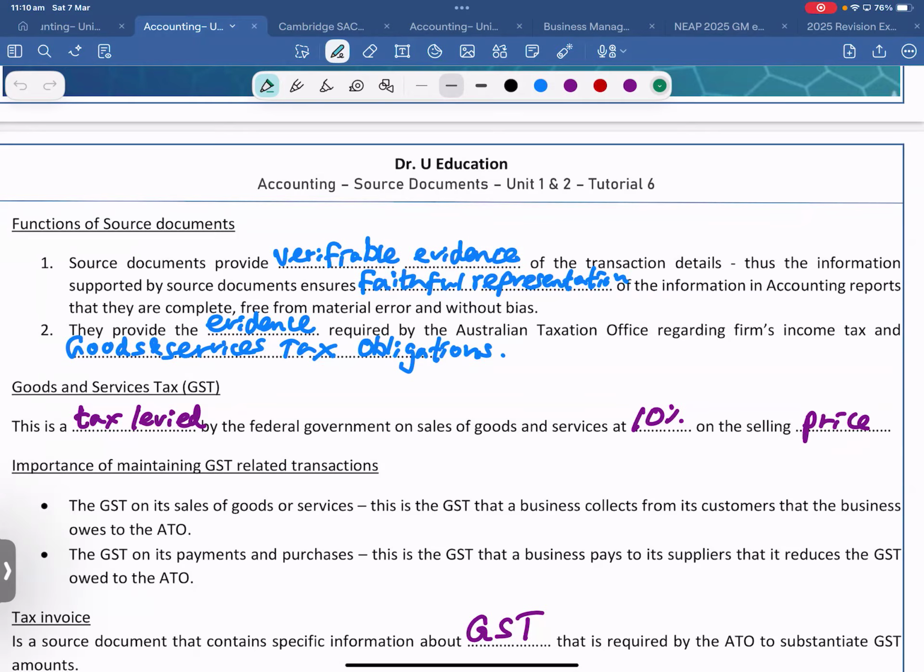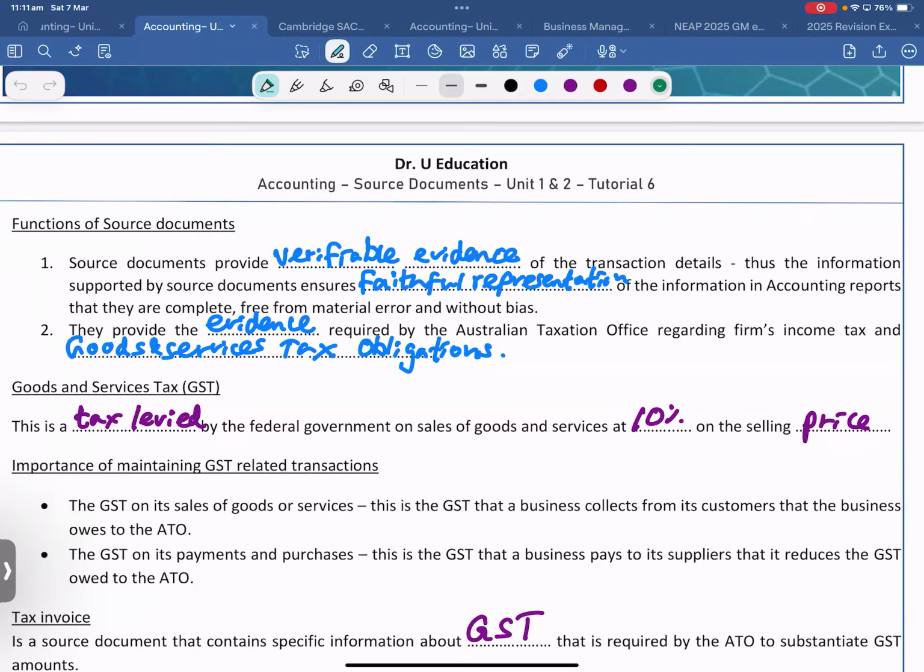So then we don't deal with PAYG. Also we don't deal with corporate taxes. I mean, usually corporate tax is 30%. We don't calculate that as well in VCE. But if you do accounting in uni, yes, you will do it. Okay.